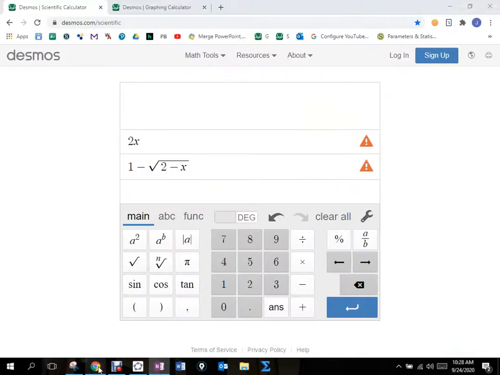Okay, so the way that we can use Desmos to kind of check ourselves is I'm going to type in the left side of an equation. I'm going to type in the right-hand side of the equation. I'm then going to identify what I want x to be. If I want x to be 1, you see how it evaluates the left-hand side and then evaluates the right-hand side, and they're unequal, so 1 must have been extraneous, right?